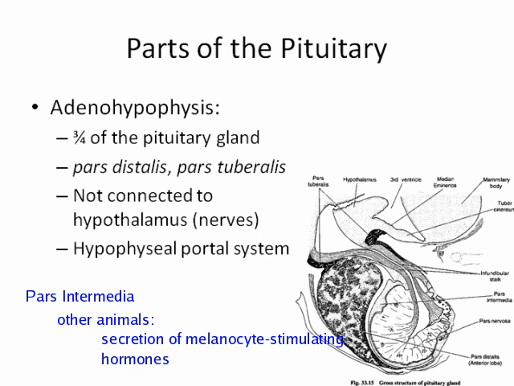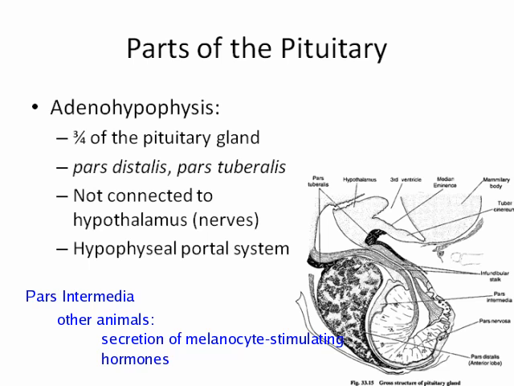So the pars intermedia is only present within human fetuses during development. By the third trimester, it goes away, and by the time that child is born, it does not have the pars intermedia, and so that means you only have to really worry about the pars distalis and the pars tuberalis.